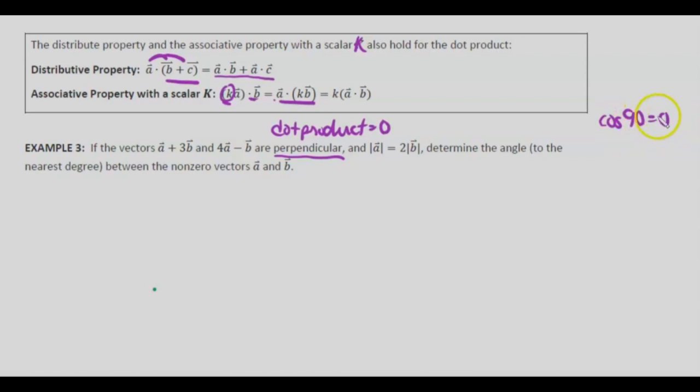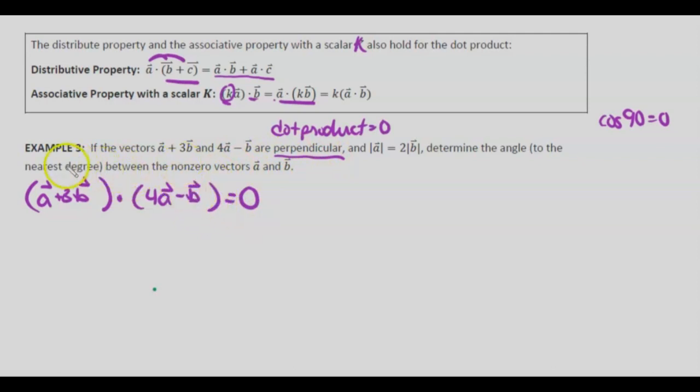It also says the magnitude of vector A is 2 times the magnitude of vector B. Determine the angle to the nearest degree between the two non-zero vectors A and B. So we're going to find the dot product: A plus 3B dot 4A minus B equals 0 because they're perpendicular.